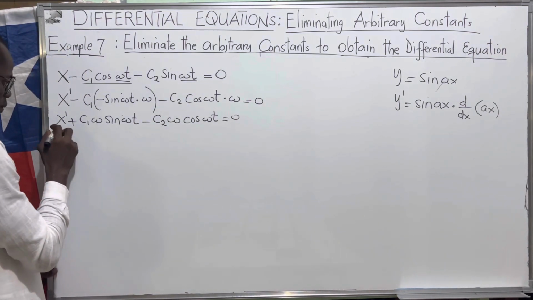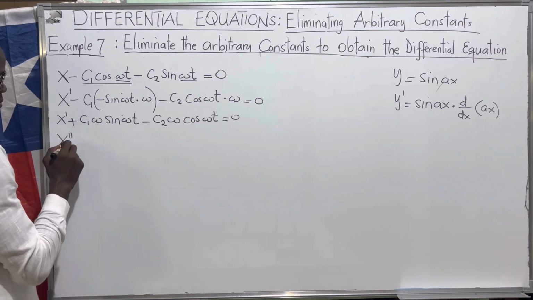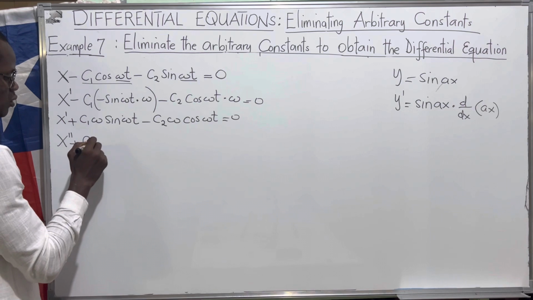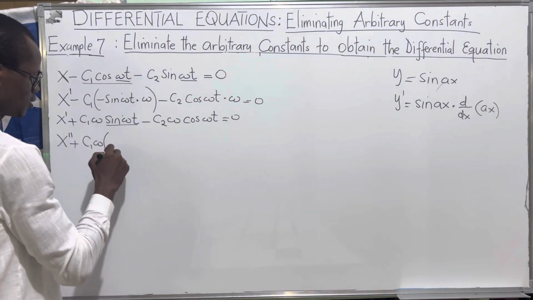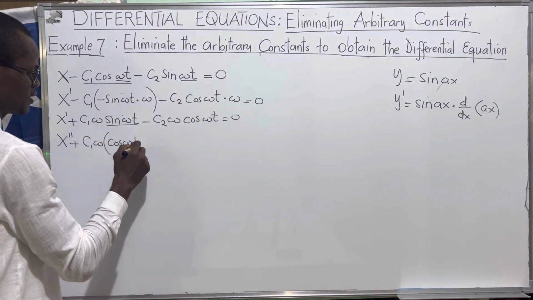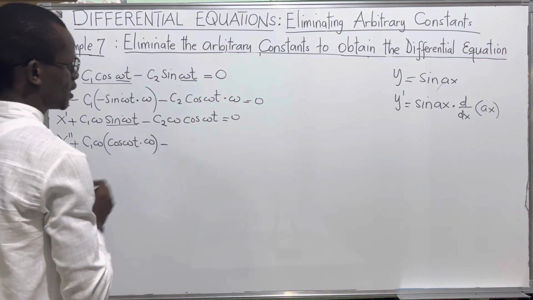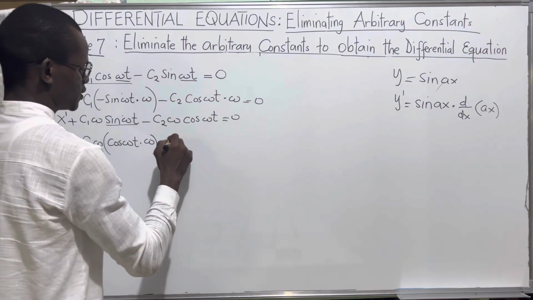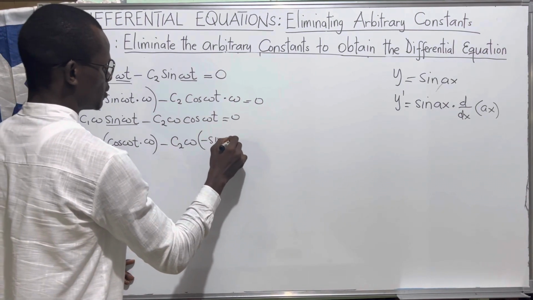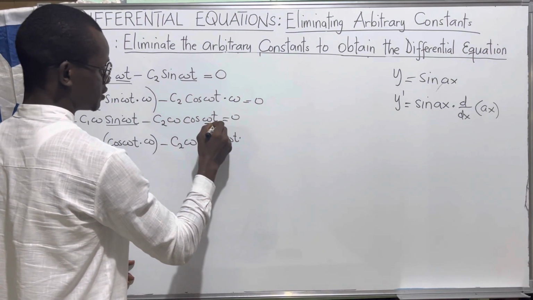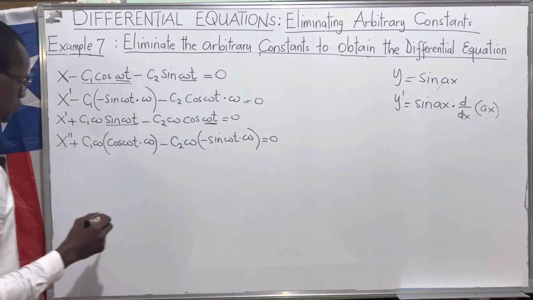We find the second derivative, which is now x prime prime plus c1 omega times sine of this. So we differentiate this one. We have cos of omega t times the derivative of omega t, which is just omega, minus c2 omega. So cos of this one is negative sine of omega t times the derivative of omega t, which is just omega, or equals 0.